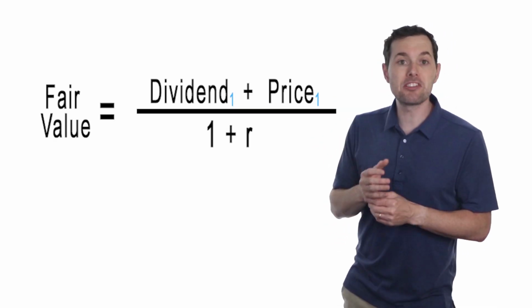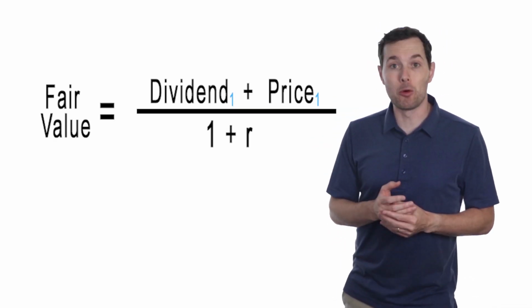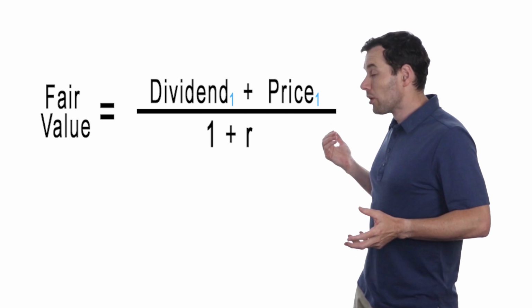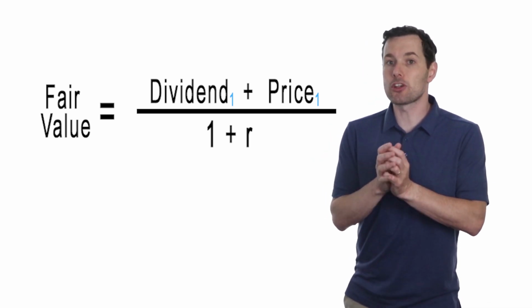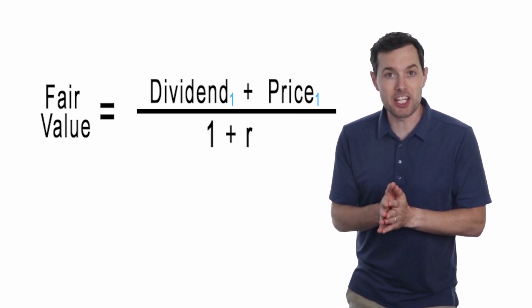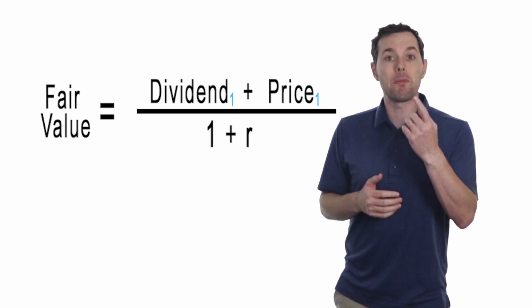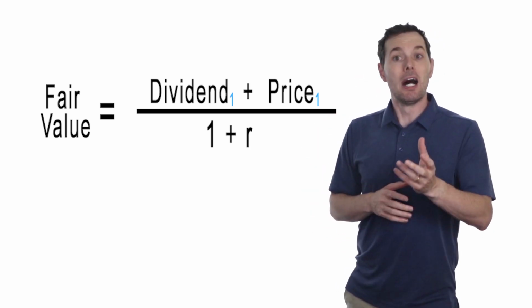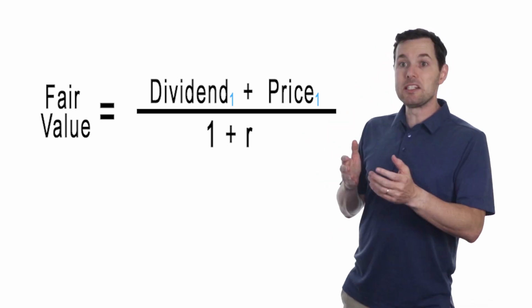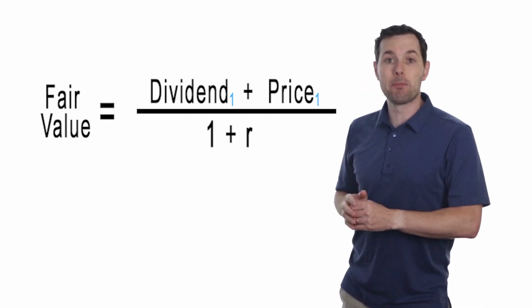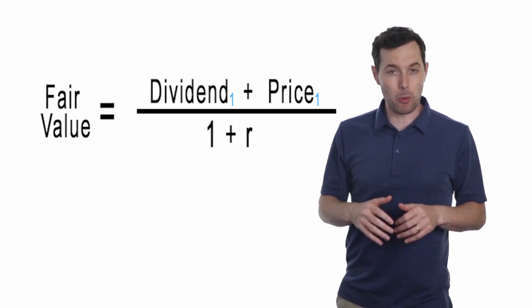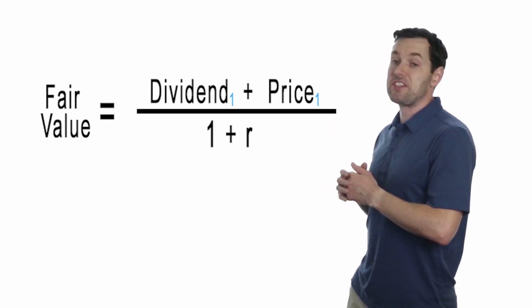So in its simplest form, this is what the most basic version of the DDM formula looks like. The goal is to ultimately determine the present value of future dividends. This formula is a one-period DDM formula, which means the holding period in this example is just 1 year. What is that worth today? So what does this formula tell us?